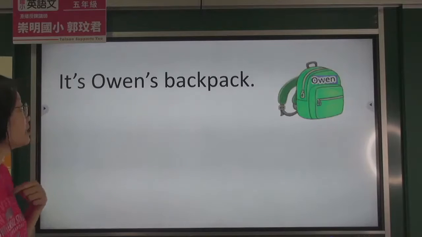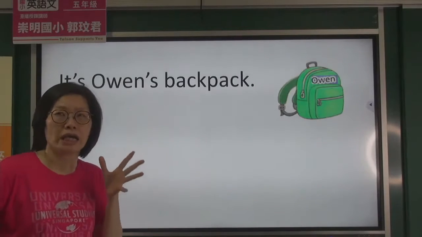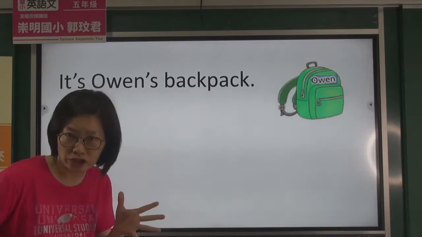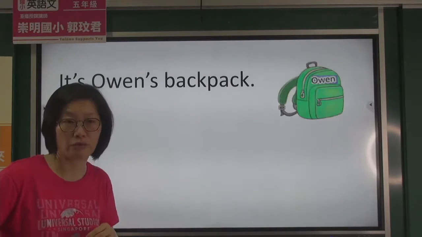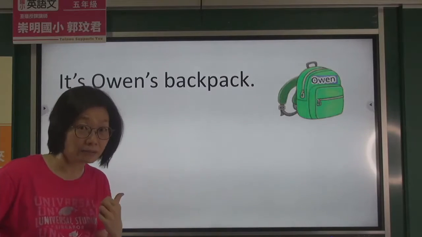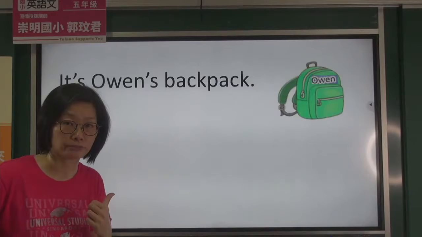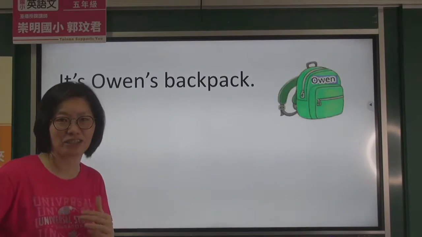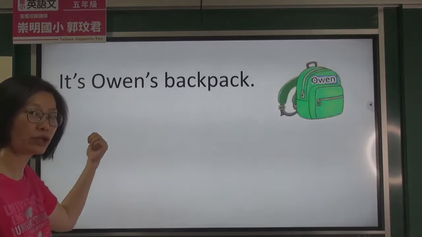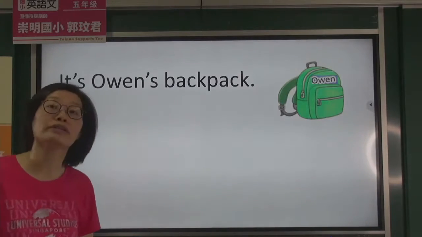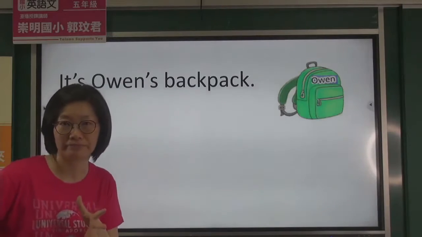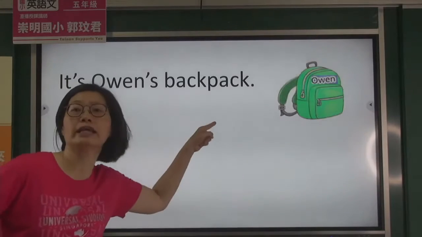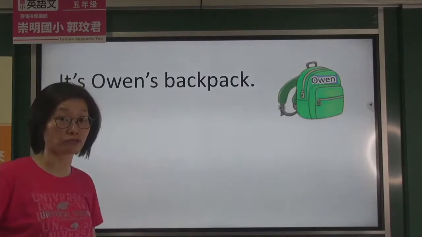Okay, good. So, next. What kind of question? WH question. Last time we talked about WH questions. So what WH question will you ask so that you will answer like this: It's Owen's backpack. Will you ask, who is he? No, you won't, right?